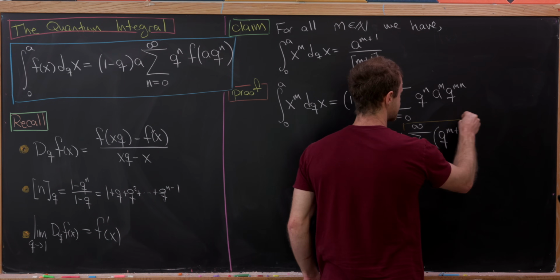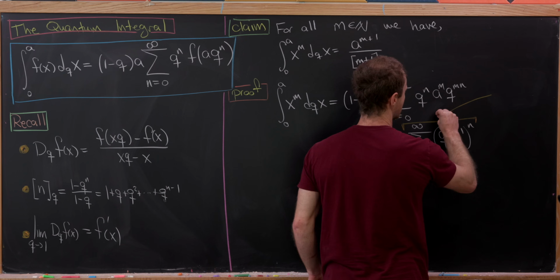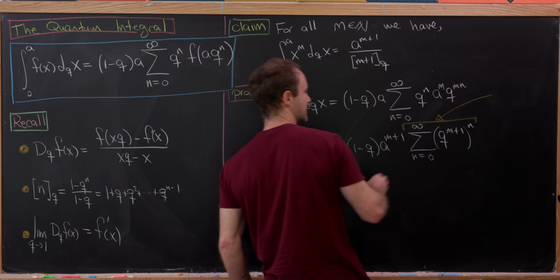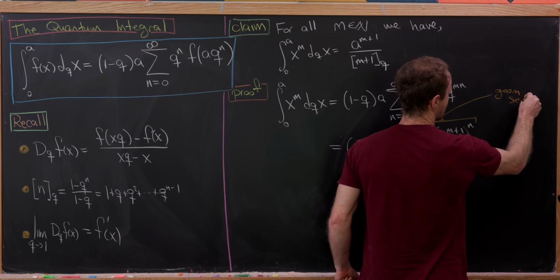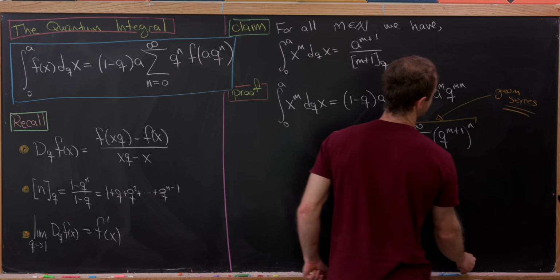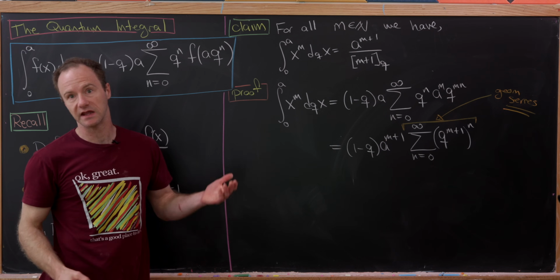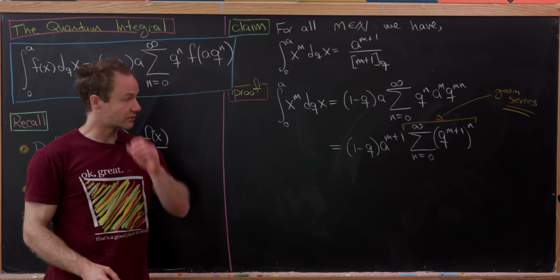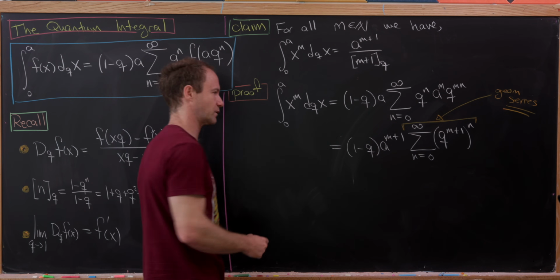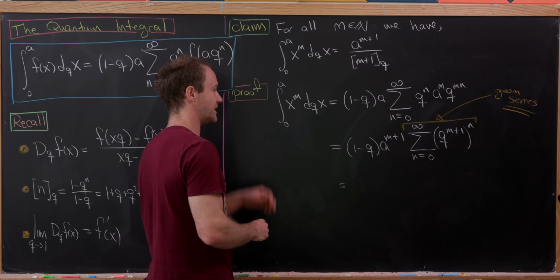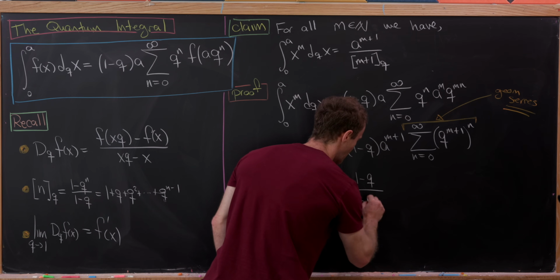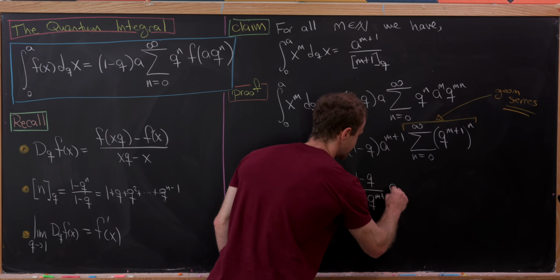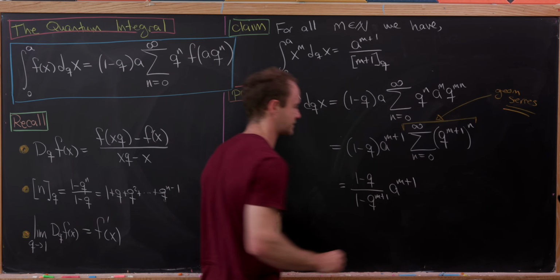But now all of the stuff that I'm putting this orange overline on here is exactly a geometric series. It's a geometric series where the starting term is 1, the n equals 0 term, and the common ratio is q to the m plus 1. So using our rule for summation of a geometric series, we'll be left with 1 minus q over 1 minus q to the m plus 1, times a to the m plus 1.